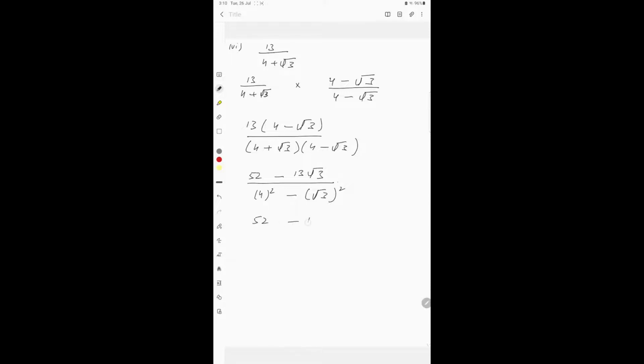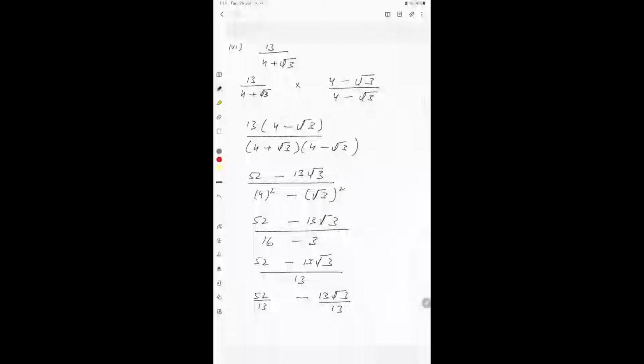I can further simplify, and this can be simplified as this.